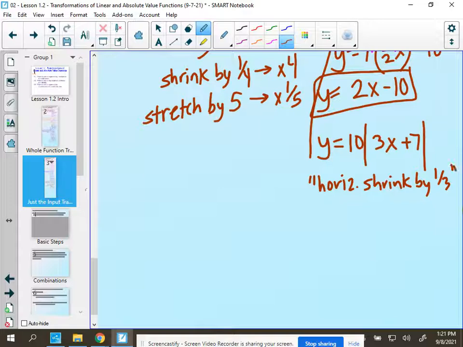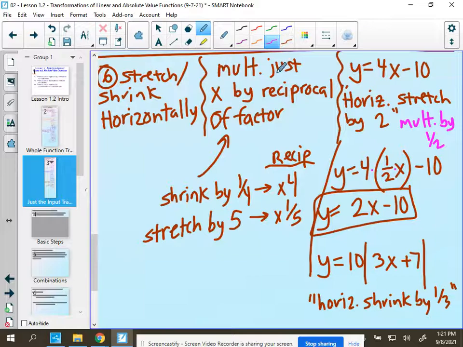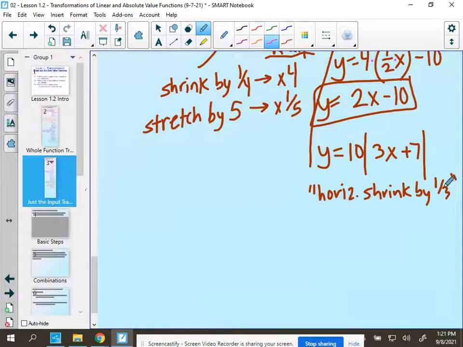Okay, so I make my note like, oh, okay, Mr. Crow is asking me to shrink this by 1/3. That means for me, because it's horizontal, I need to multiply just x by the reciprocal of this number. So multiply x times 3.